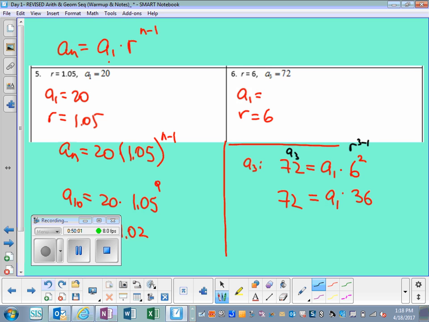Dividing by 36, divided by 36 gives me A1 equals what? 2. Right? So A1 equals 2.